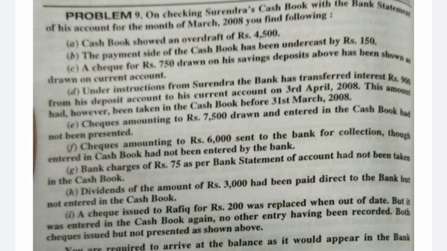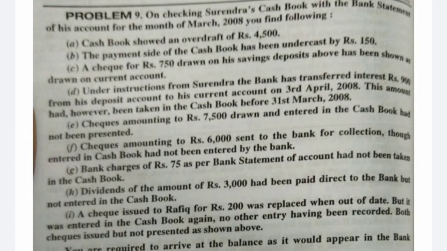Okay. Next one. Checks amounting to rupees 7,500 drawn and entered in the cash book had not been presented. Checks have been issued by Surendra, but not presented by the third party to the bank. A check drawn of rupees 7,500 is a withdrawal, so it should be recorded on the payment side in the cash book.